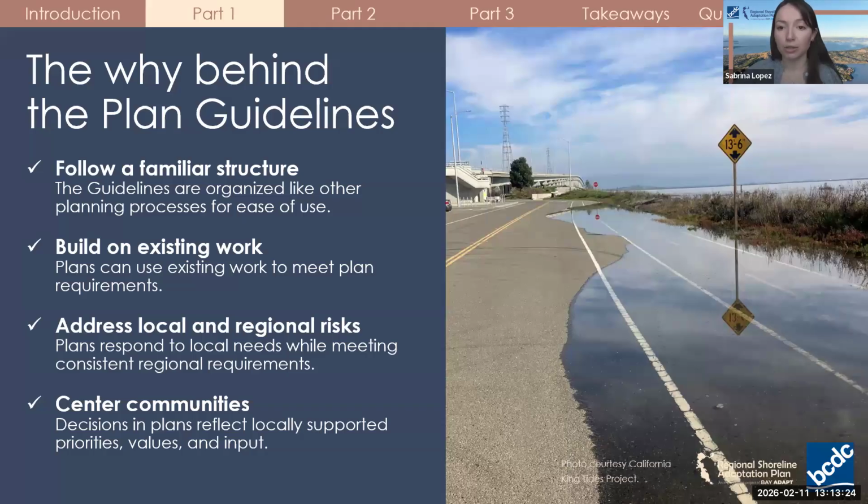They're designed to address both local and regional risks, helping plans respond to community needs while remaining consistent across the Bay, and they center communities, making sure local priorities and inputs are reflected throughout the planning process. With this foundation in mind, we can now look at the specific plan elements and how each one contributes to a complete subregional plan.